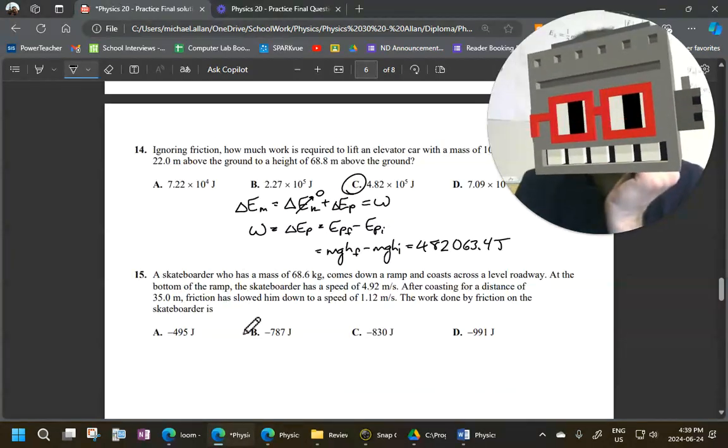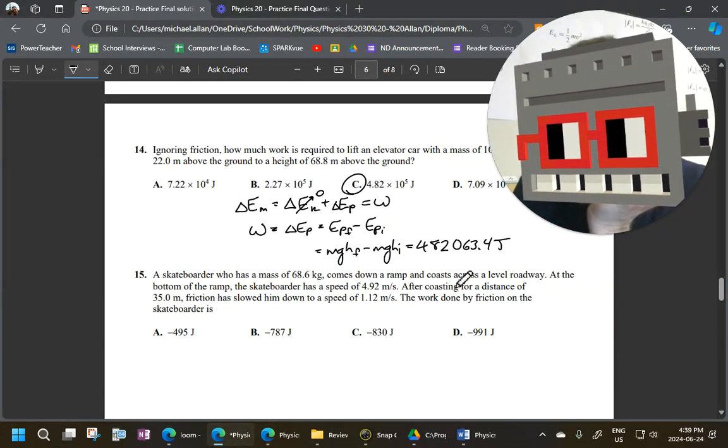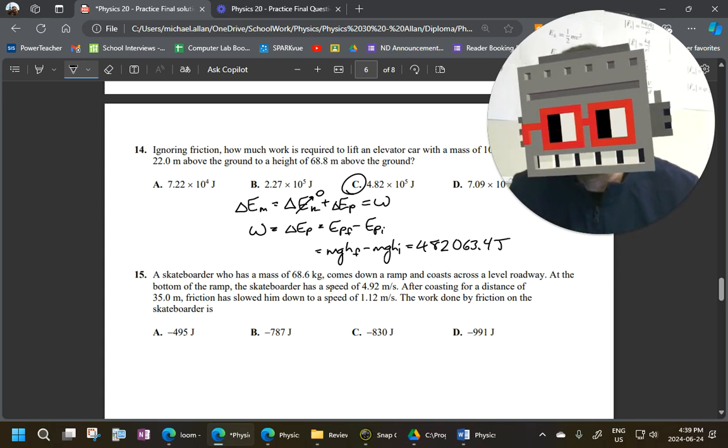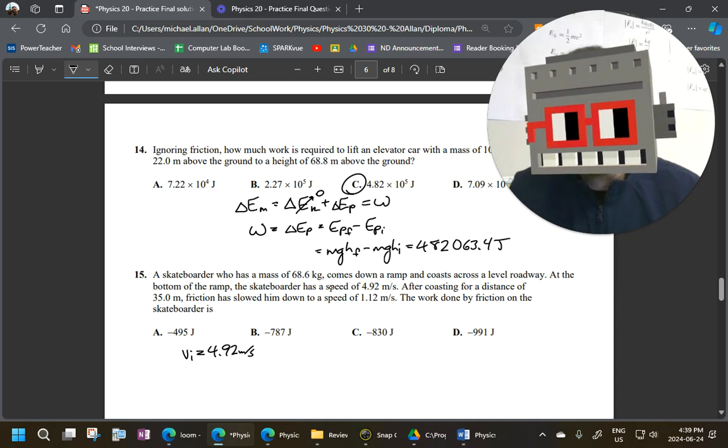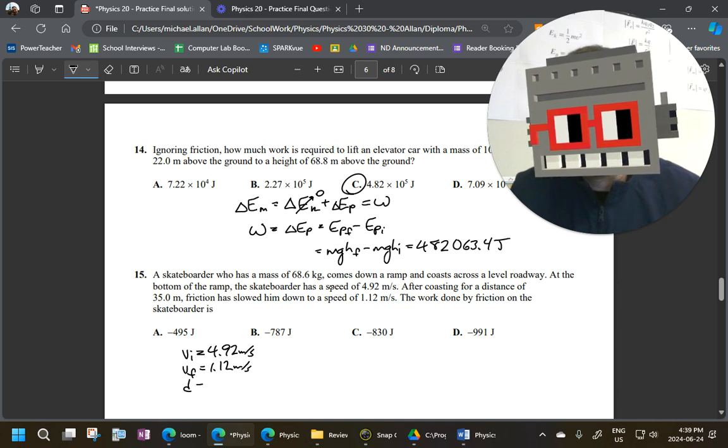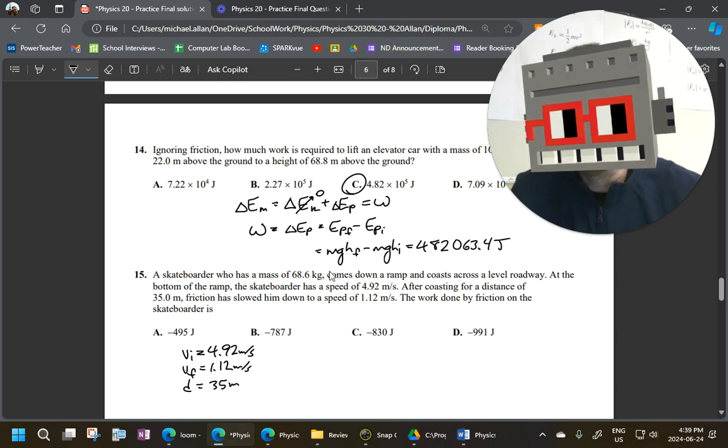Okay, a skateboarder comes down a ramp and coasts along a level road. At the bottom of the ramp, it has an initial speed of, I'm just going to write some of this stuff down, 4.92 meters per second. After a certain amount of time or distance there, it has a final speed, and it covered a distance of 35 meters.